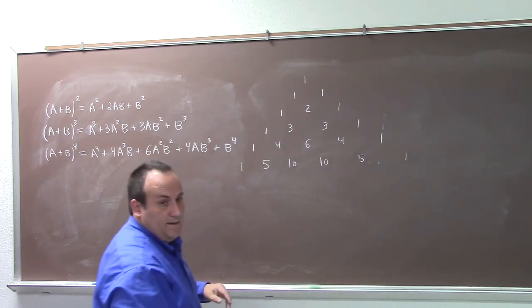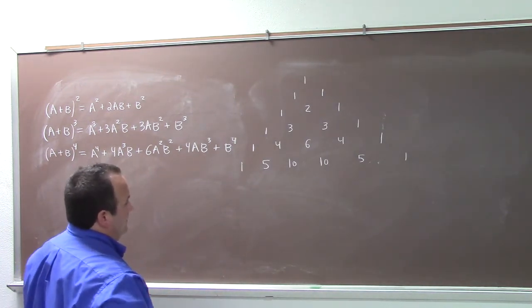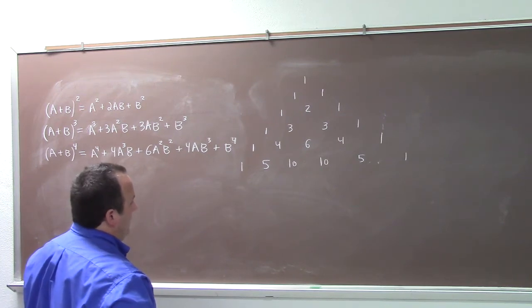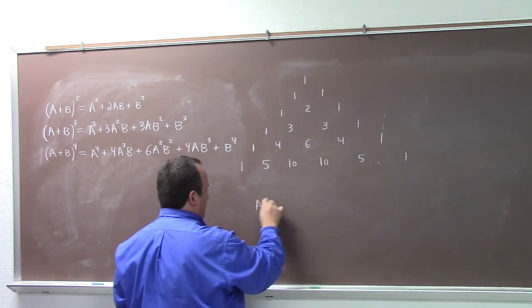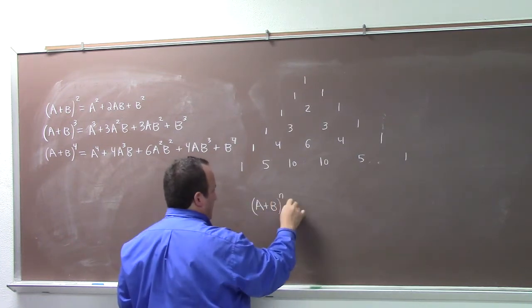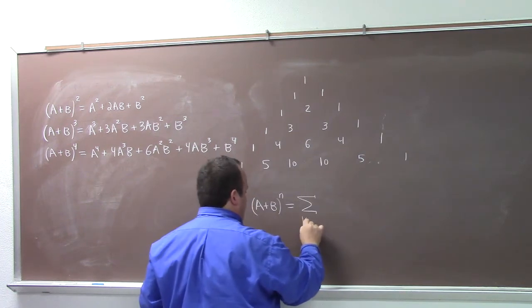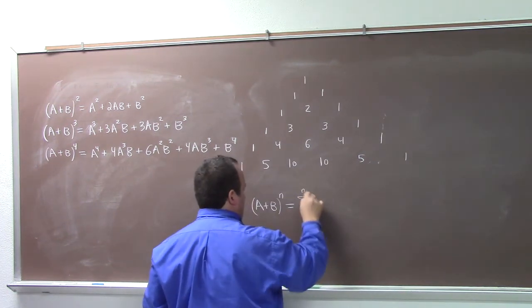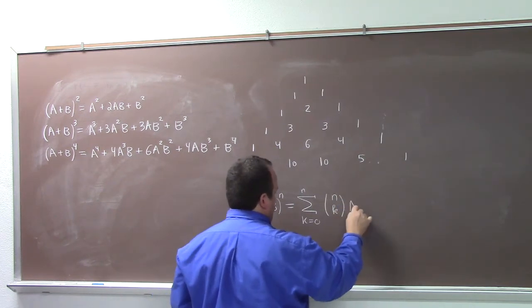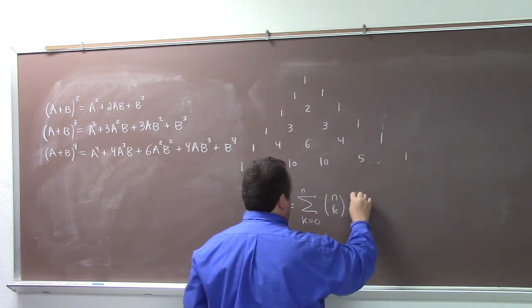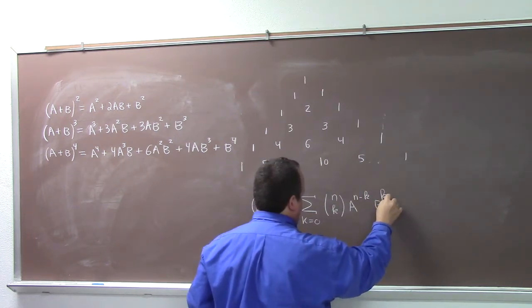Right? Now, if you do a plus b to the n power, it's the sum k equals 0 to n of n choose k, a to the n minus k, let's say, b to the k.